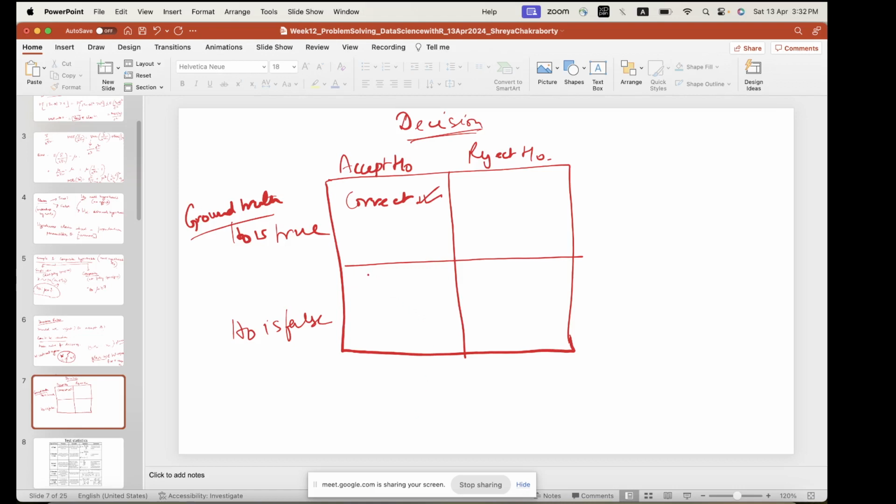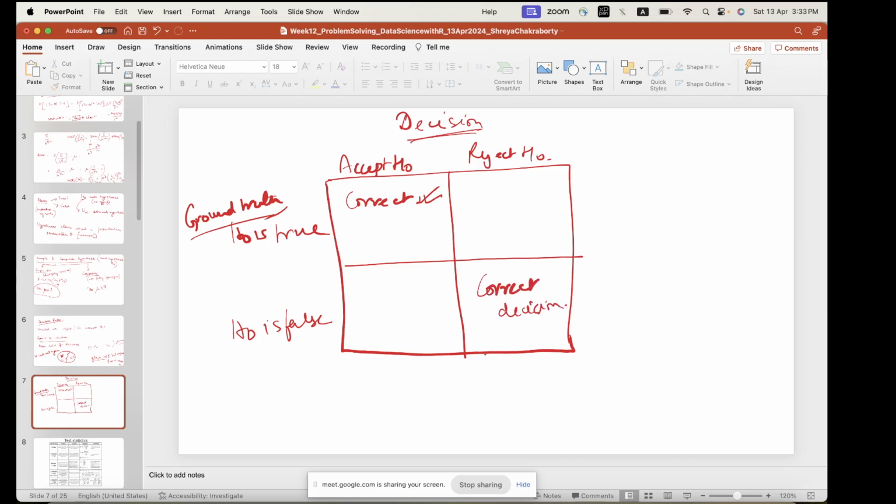Now, how should we reject or accept? So there could be 4 scenarios. Let's say on this axis we have the ground truth that H naught is true and H naught is false, and this is our decision: accept H naught or reject H naught. So if H naught is true and we are accepting H naught, then we are taking a correct decision. If H naught is false and we are rejecting H naught, then also we are taking a correct decision.